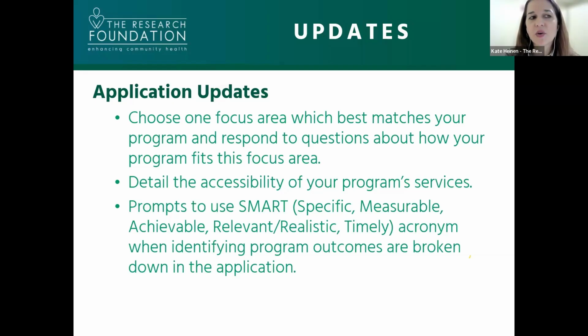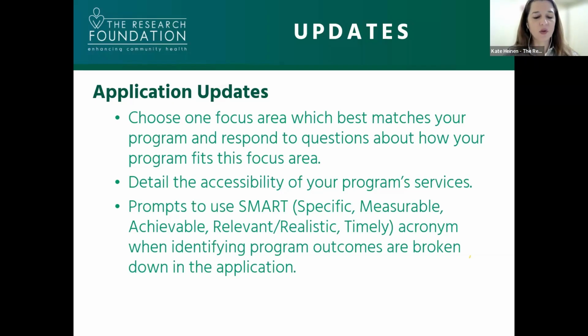And this year we've really broken it down, which I think will make it easier for organizations to make sure that their outcomes match this format. So you'll have to list how your goal is specific, how it is measurable, how it is achievable, just making it really clear. So that's also a prompt that we have this year.